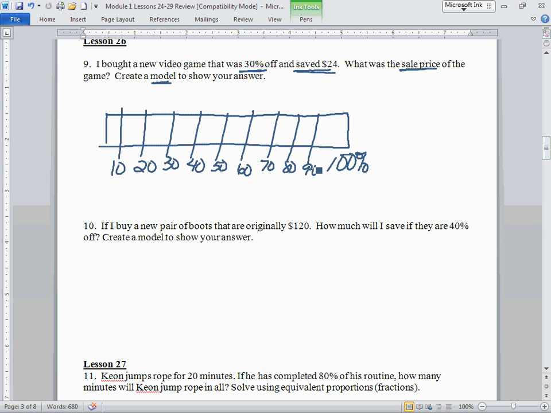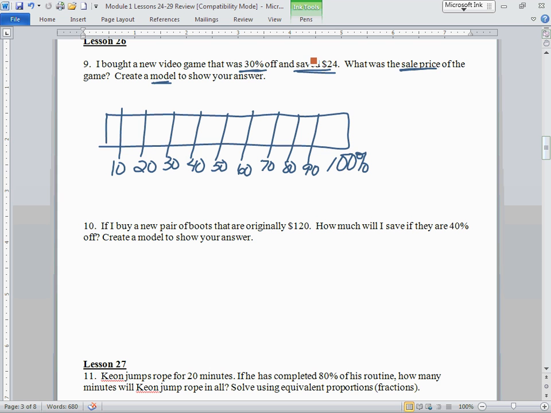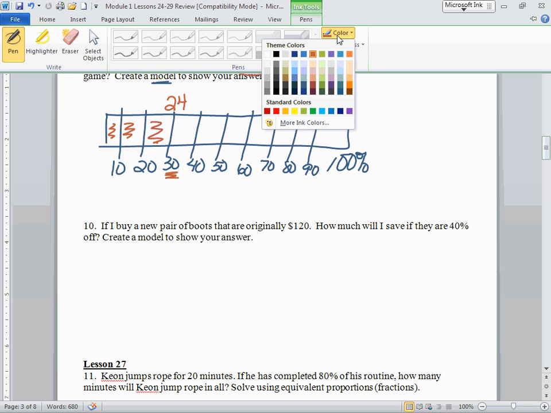Now, $24 represents the 30% off. 30% off is 24. So 30% is 24. So if 1, 2, 3 boxes equals 24, what is each one? 8.